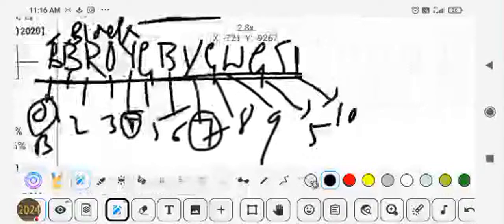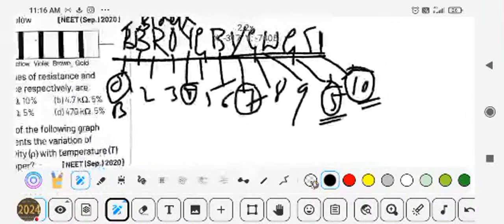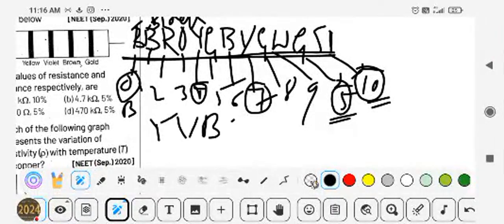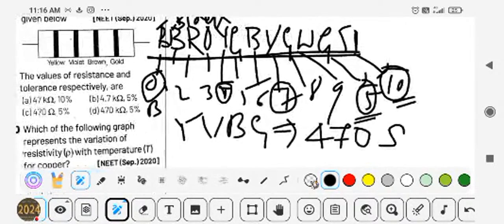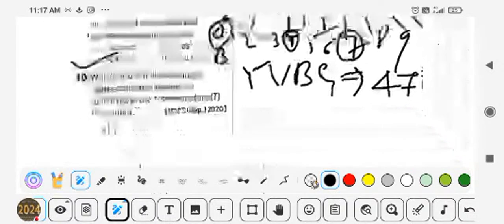Gold and silver have 5 and 10, so it should be 5. According to the concept, yellow, violet, brown and gold can be written as 470 ohm. And for the percentage, gold and silver, but they are asking for gold, so it should be 5%. So option C is the correct answer.